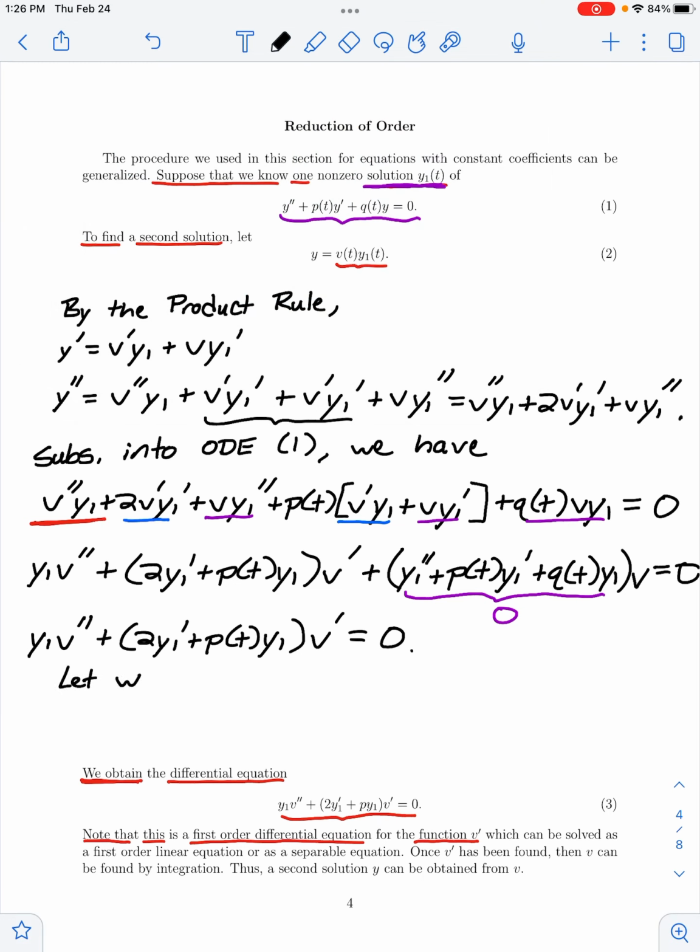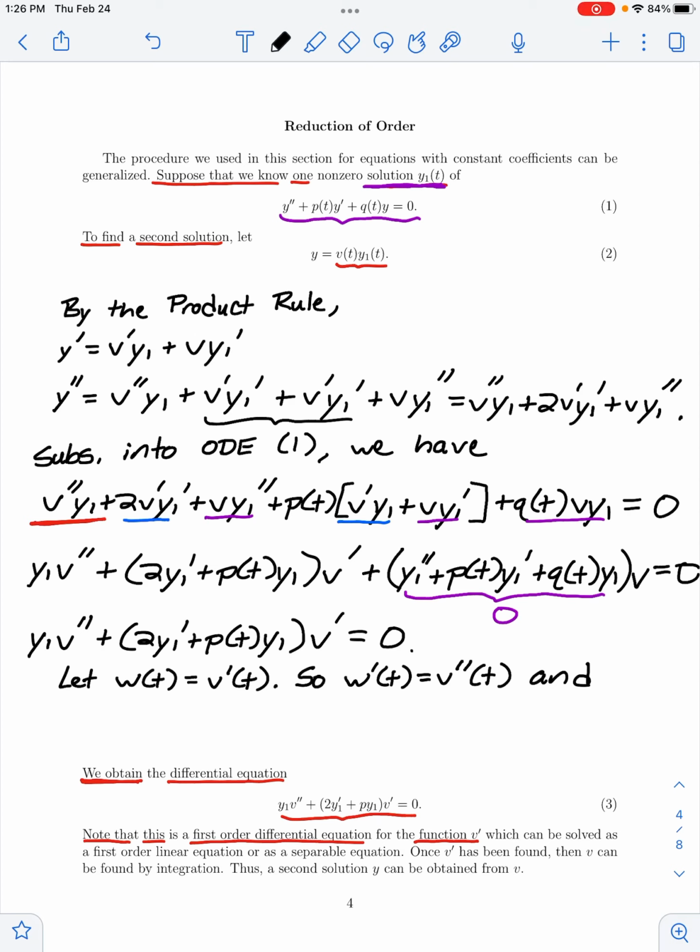To make that a little clearer, we could make a change of variables here. If we let w of t be the derivative of v, let's call it v prime, then our first derivative, w prime, would be the second derivative of v.